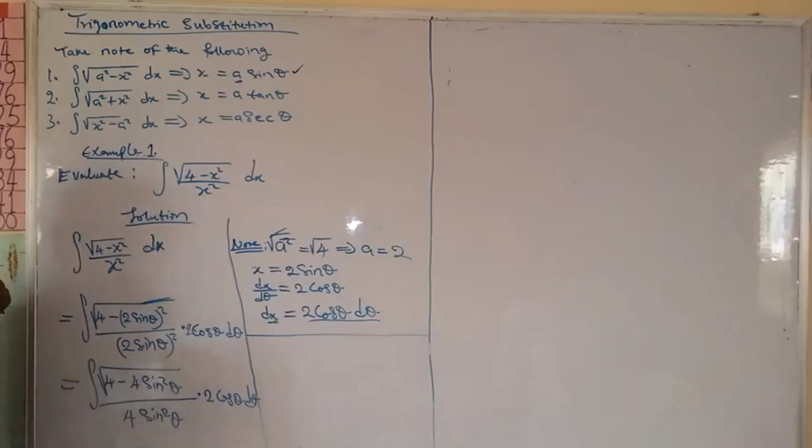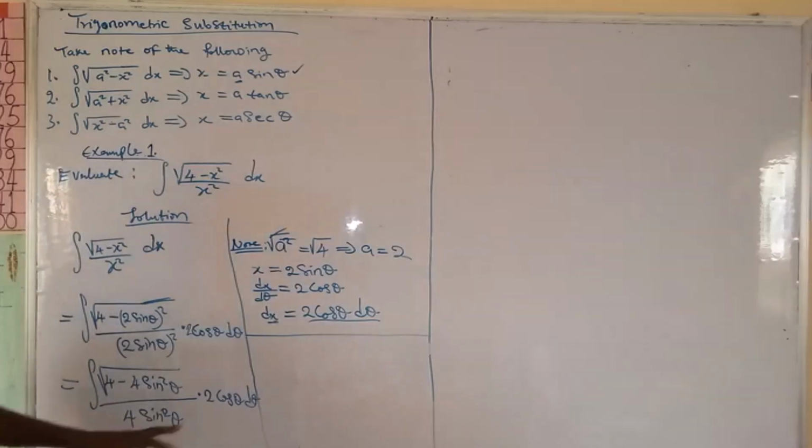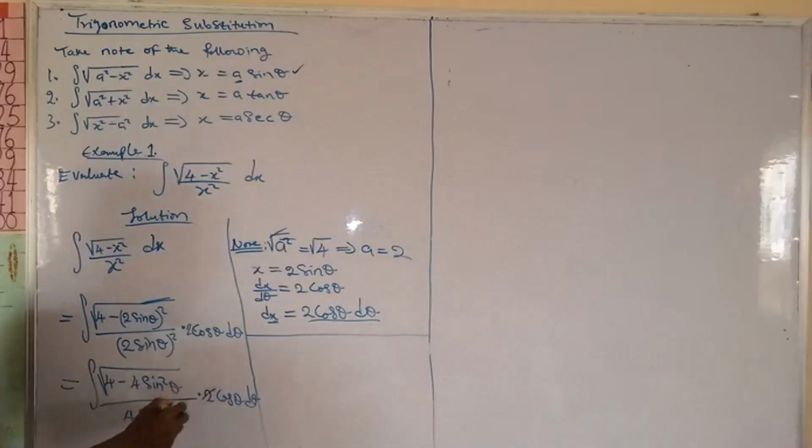Now, this is 2, this is 4, so we can reduce this. If we cancel 2 here, it is 2. And also, we can shift out 4, since 4 is common.